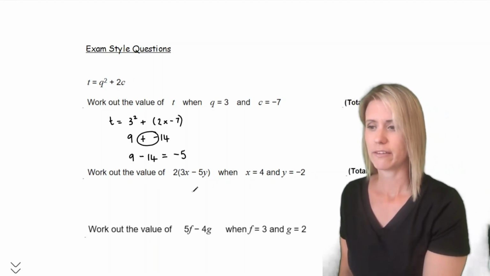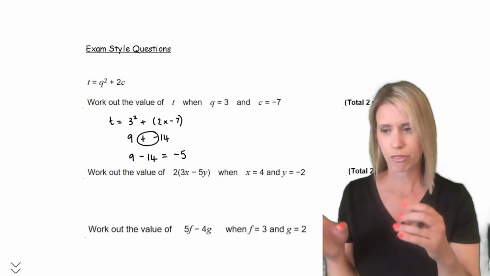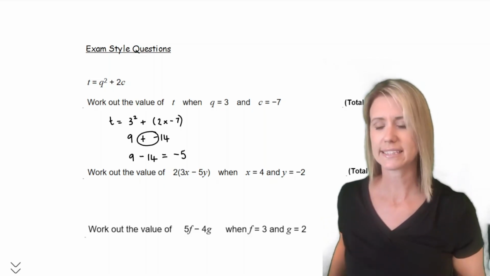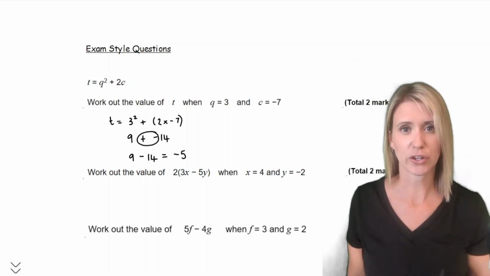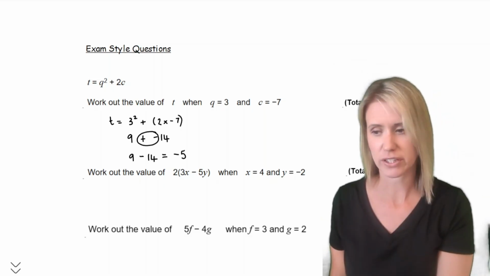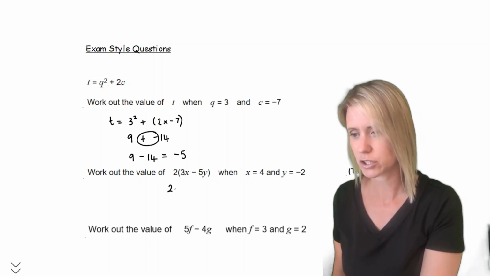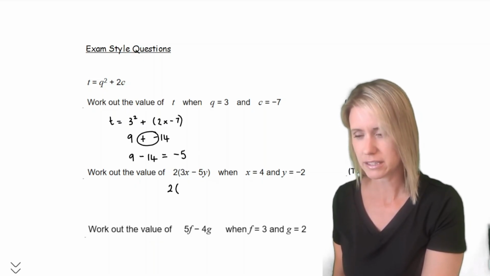The next one, work out the value of 2 lots of 3x minus 5y when x is 4 and y is -2. Brackets, BIDMAS, we need to do those first. Put in your values. We have 2 lots of 3 times 4, which is 12, subtract 5 times -2.